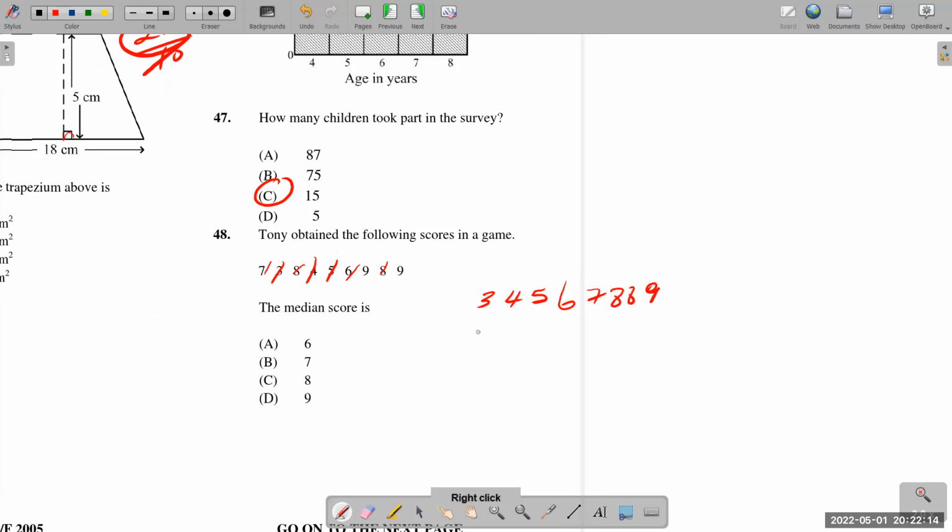So we cancel 1, 2, 1, 2, 1, 2. So we get 6 and 7. I made a mistake. Oh yes, 2 9s. Look at that, 2. So we would end up with what? 7? Yeah, we'd get 7 as the middle number then. So the answer is B.